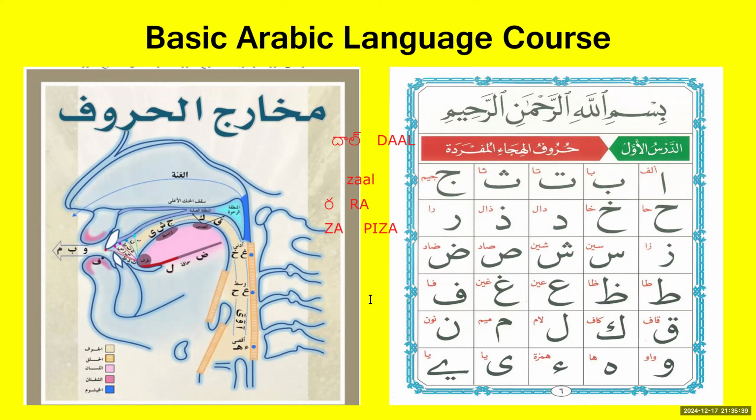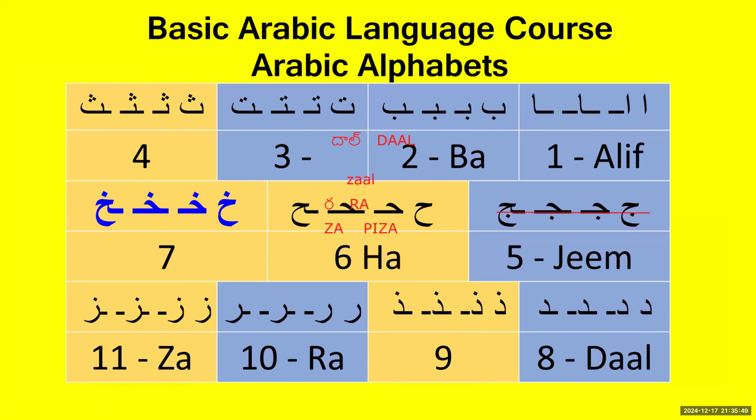The names, the articulation point and its characteristics, we learned it. Let us go to the writing practice. These four letters belong to the same group of alif. If you remember, when we learned alif, we have two important points. One is alif joins the letters preceding the alif in a word of two letters, three letters, four letters.